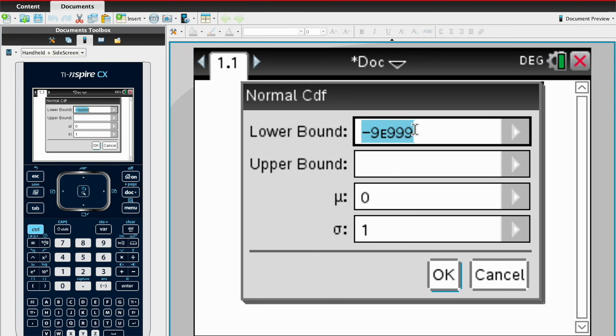In this case, our lower bound is 15, upper bound is 25. Our mean was 20, and our standard deviation was 10, and they gave us this in the question.